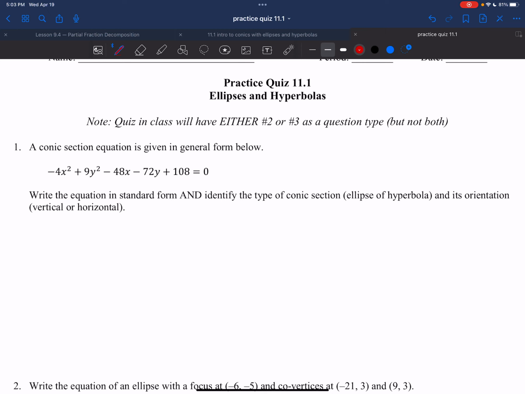So I will begin by factoring out negative 4 from negative 4x squared and minus 48x. So if I factor out negative 4, I say negative 4 times x squared plus 12x. You see, because that, of course, is negative 4x squared, and then that distribution is negative 48x. Plus blank.